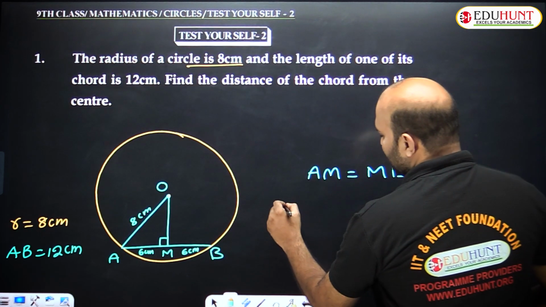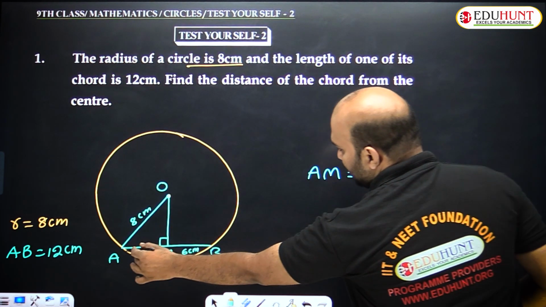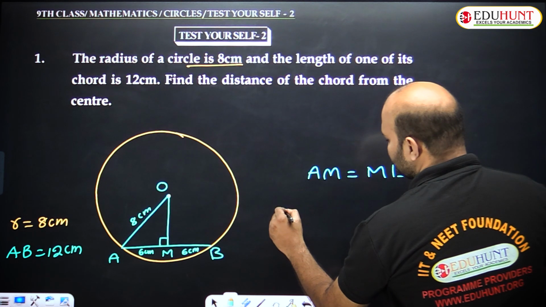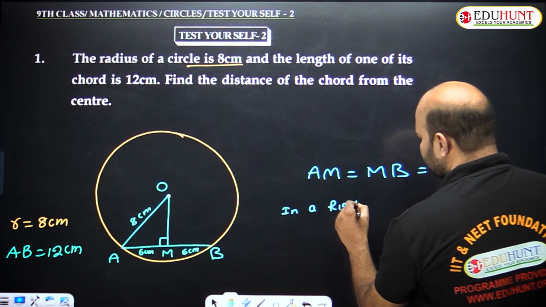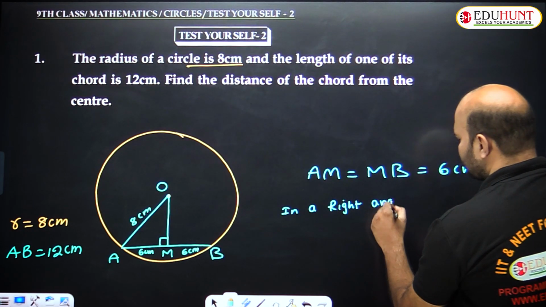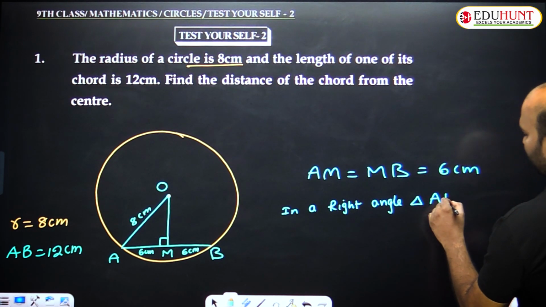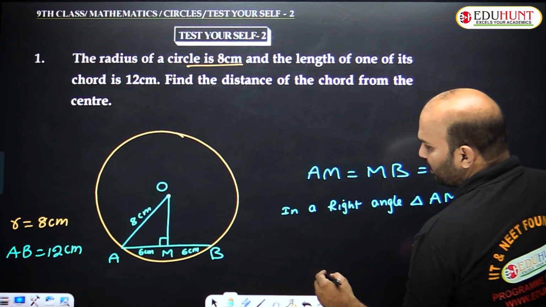But what am I asking? OM. So in a right angle triangle AMO, according to Pythagoras law, side square plus side square equals hypotenuse square.